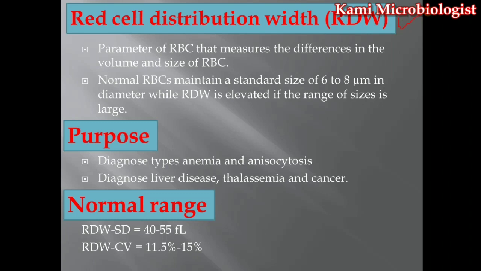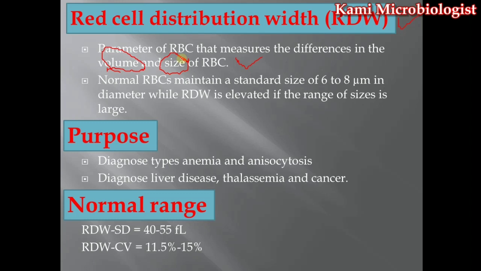Okay, now what is red cell distribution width? Red cell distribution width is a parameter of the RBC count, in which we mostly find out the differences in the volume of the RBC as well as the size of the RBC.